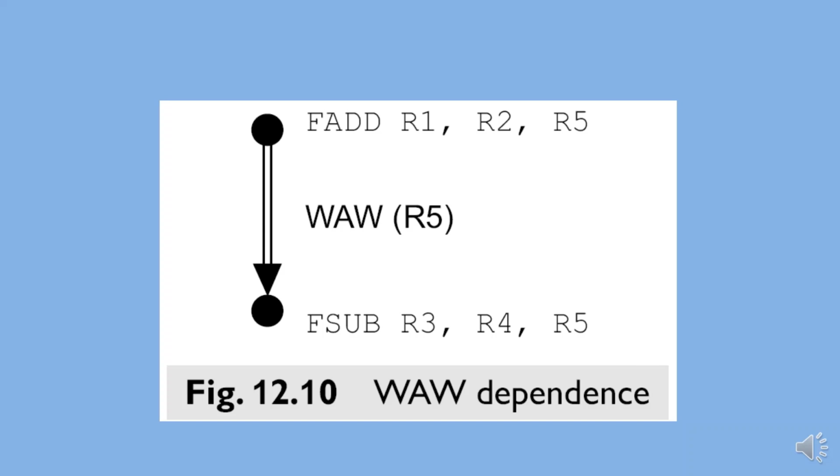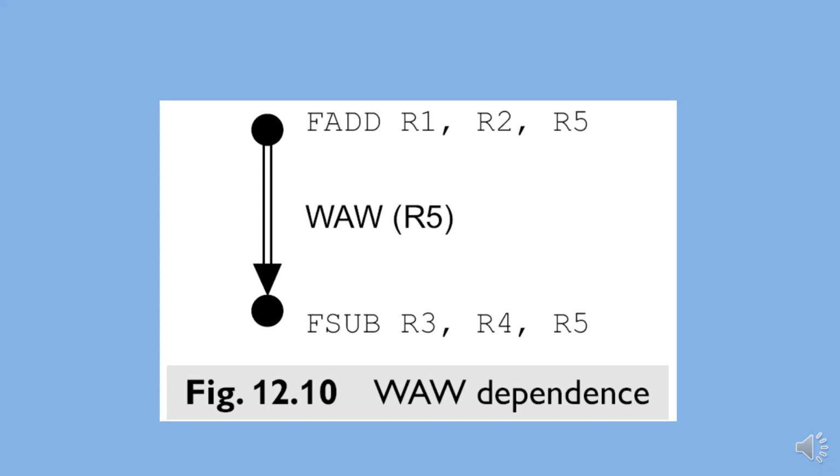Clearly, any subsequent instruction should read the value written into R5 by F sub and not the value written by F add. Figure shows this dependence in graphical notation.